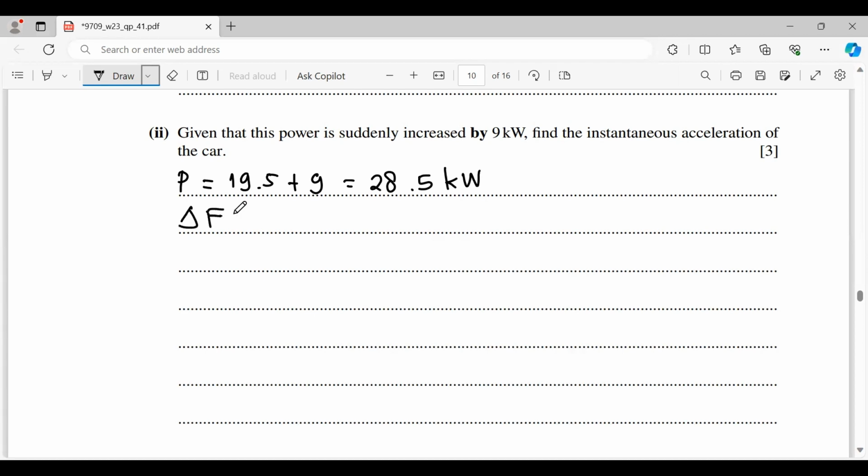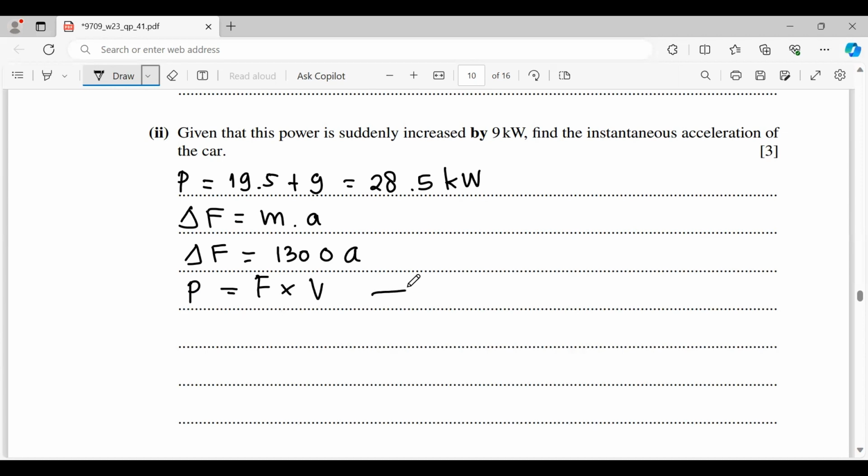delta F equals M times A based on Newton's second law, and then delta F equals 1300 A because M equals 1300. P is F times V, force times velocity.